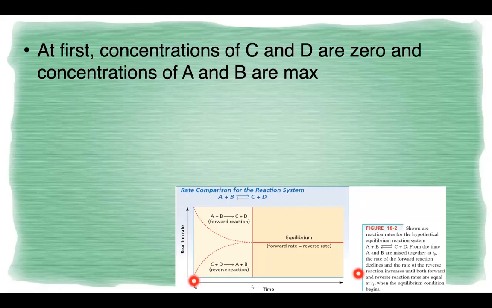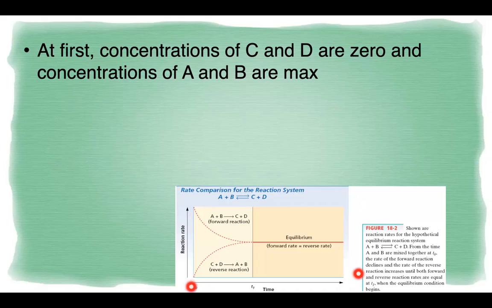At the beginning, you see how the reverse reaction starts at 0, because when you first start the reaction, the reverse reaction literally cannot occur because you have no products, right? As soon as you mix A and B, there are no C and D, not until the forward reaction starts. And as soon as it starts, you start to use up reactants, which means your reaction rate decreases.